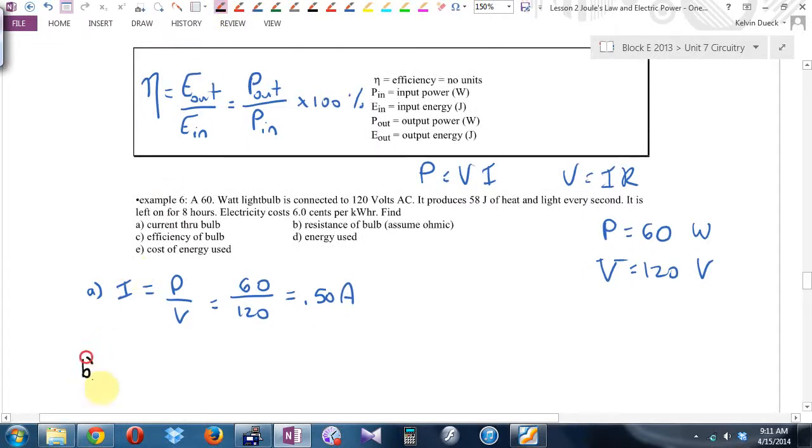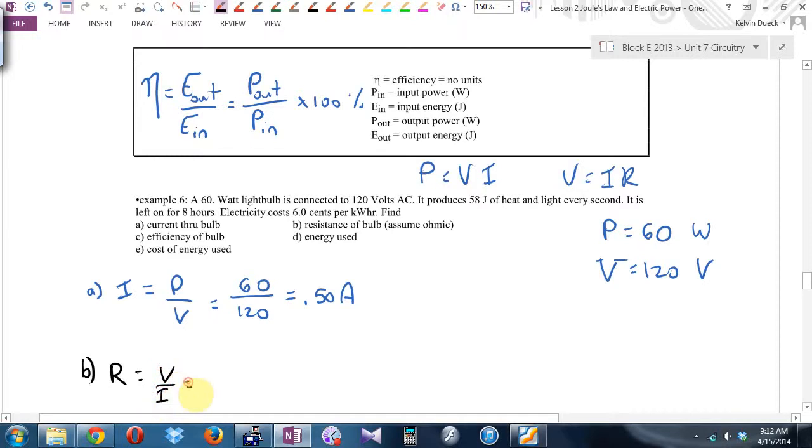B, what's the resistance of the bulb? Let's use Ohm's law, V equals I times R. Let's get the R by itself. R equals, Jordan, my friend, how would I get the R by itself in Ohm's law? Divide by I. Okay.